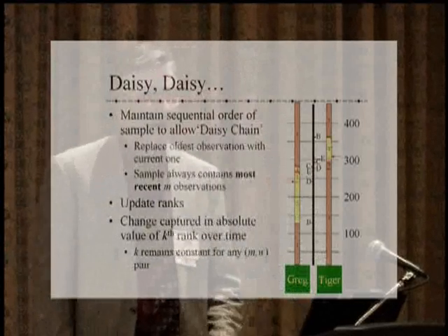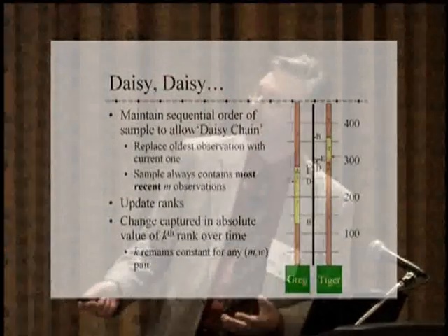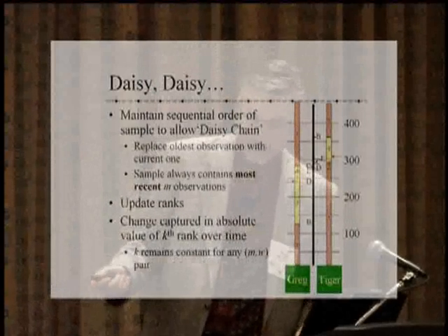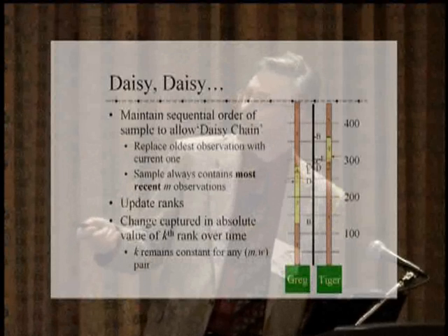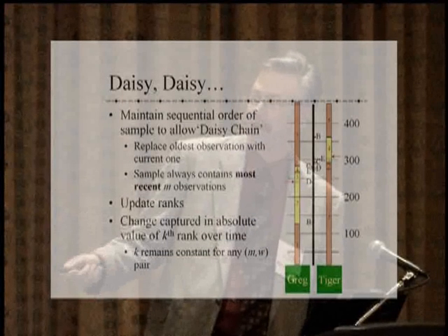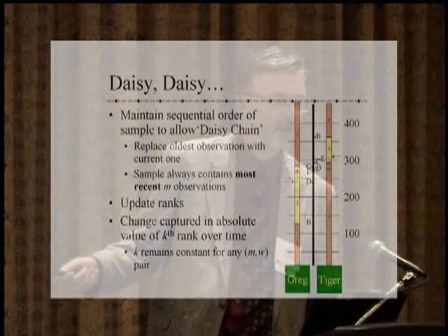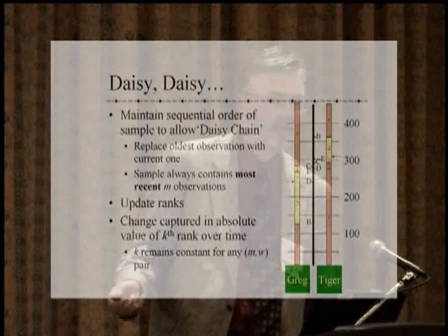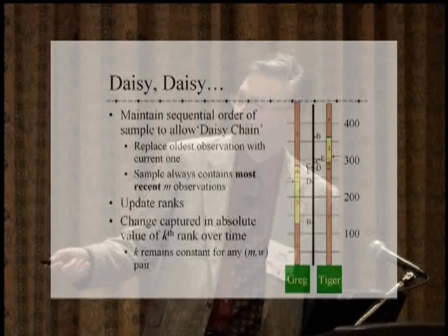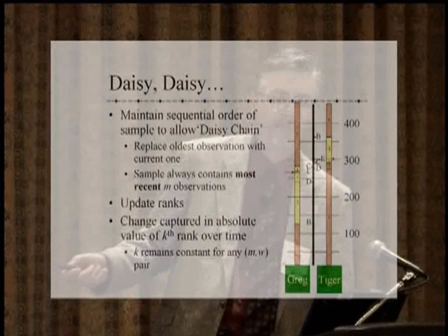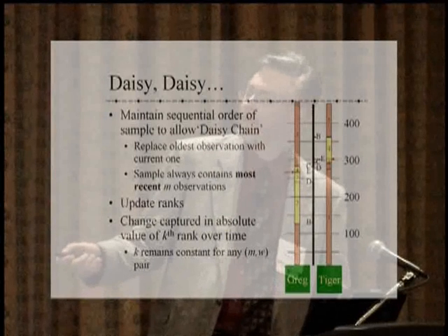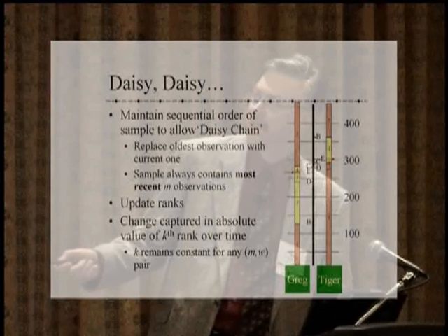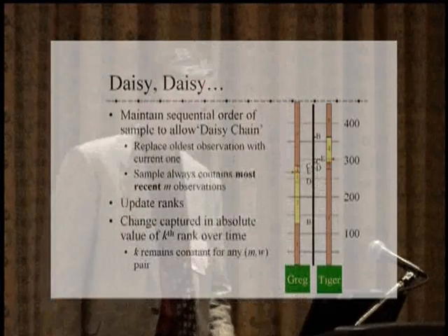We have to update the ranks because we now have a different sample. Notice that the change is captured in the change in the absolute value of the kth rank over time. I still have to beat the third response. But the third response now, instead of being here, for me, is up there. For Tiger, on the other hand, instead of being at 310, he's now slightly under 310.